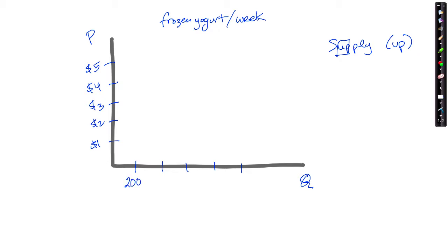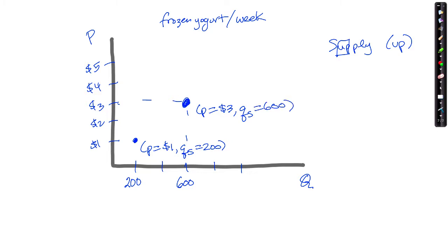We find that the quantity supplied at a price of $1 is 200, and so we can draw this one dot that says when the price equals $1, the quantity supplied equals 200 6-ounce cups of chocolate-flavored frozen yogurt per week. Ask them again, what would you do if the price was $3? We find out that at a price of $3, they would be willing and able to supply, say, 600 cups. So we have a second piece of information that at a price of $3, the quantity supplied is 600.